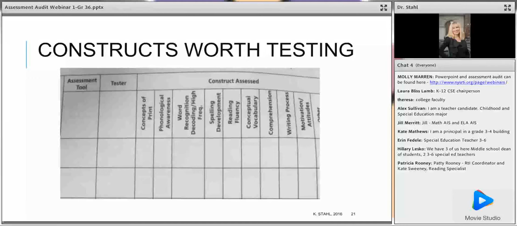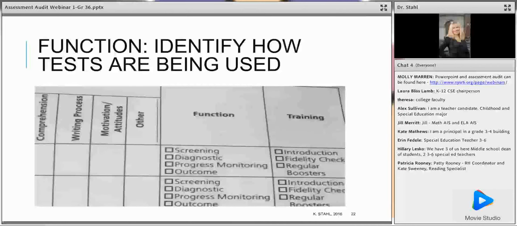And finally, the last one cannot be ignored: motivation and attitudes. In grades 3 through 6, this can make or break a child. This is the age when we have to pay as deliberate attention to the motivation and attitudes of those struggling readers as we do word recognition. So those are the constructs worth looking at.